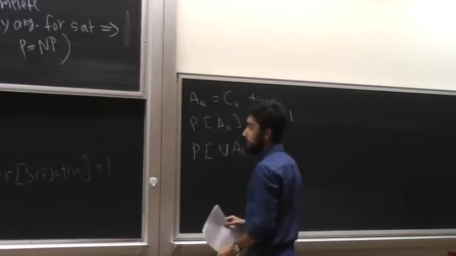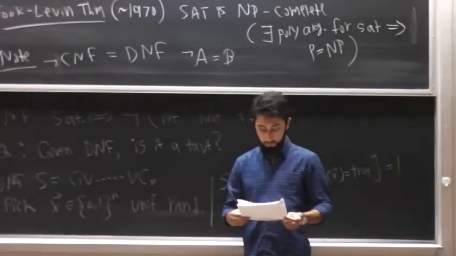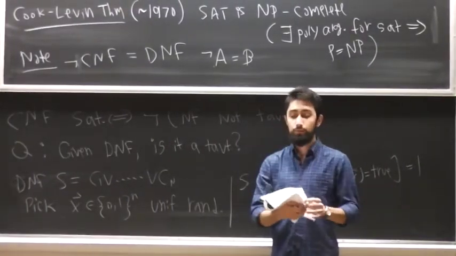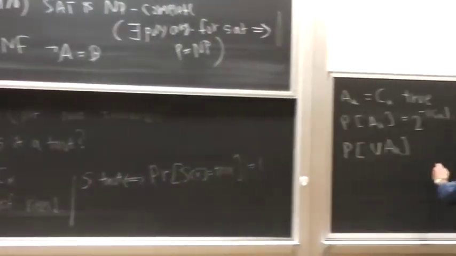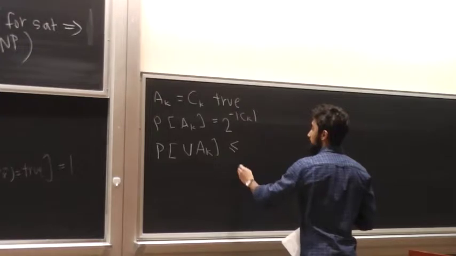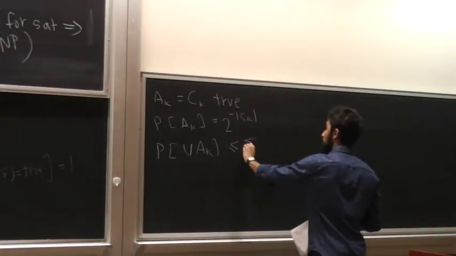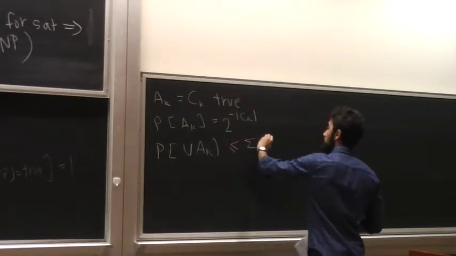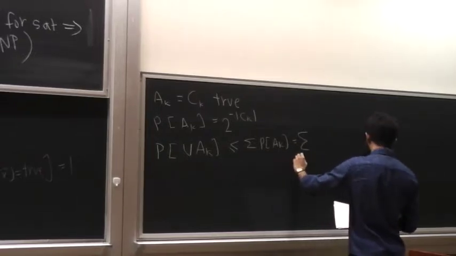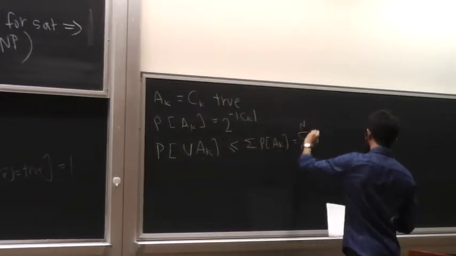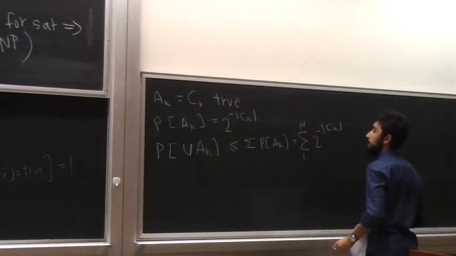So then what we are looking for is the probability of the union of the AK. We're looking for the probability that at least one of these clauses is satisfied. One easy thing you can do with this is try the union bound. So this probability is less than or equal to the sum of the individual probabilities, so less than or equal to the sum over all the clauses of 2 to the minus the size of the clause.